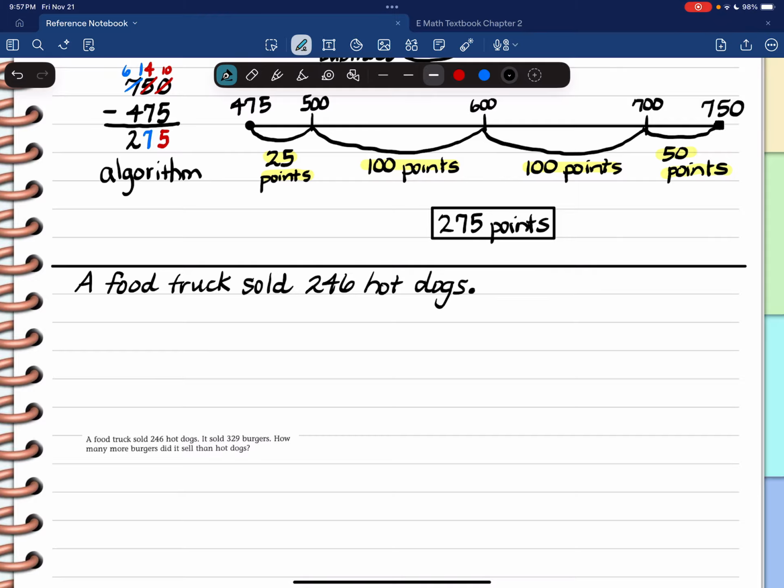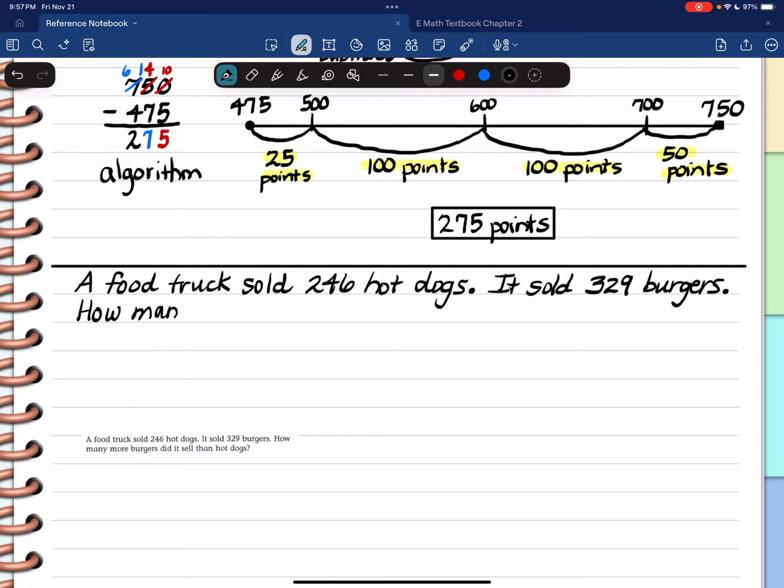End of sentence. It sold 329 burgers. End of sentence. Here comes the question.